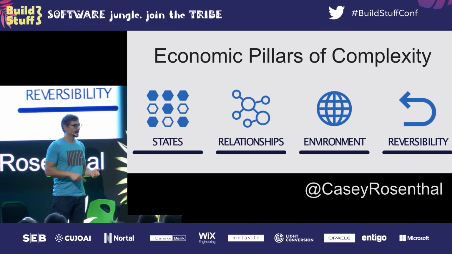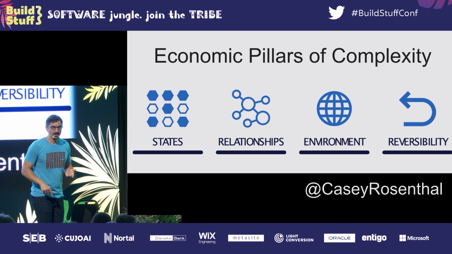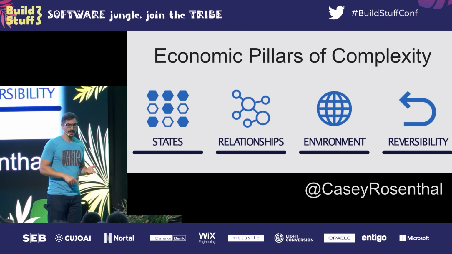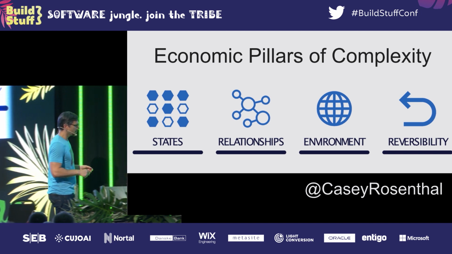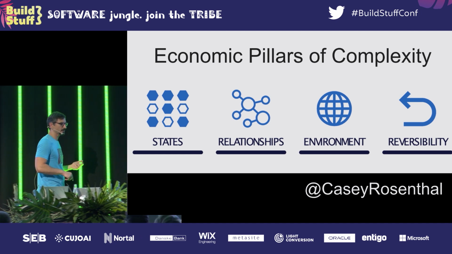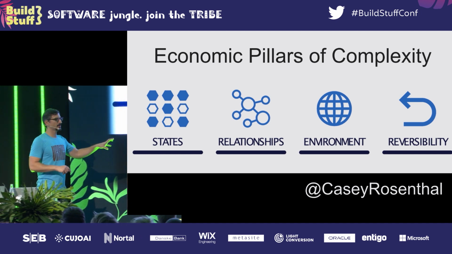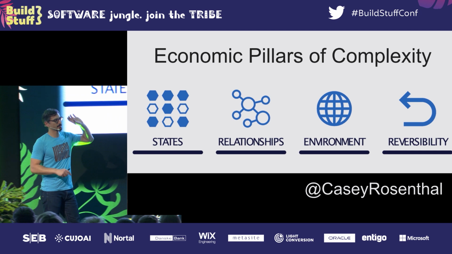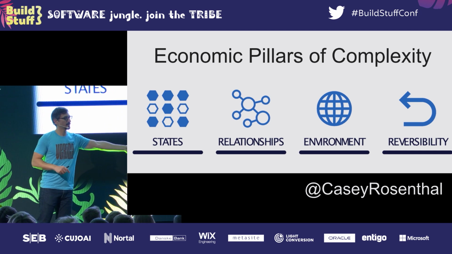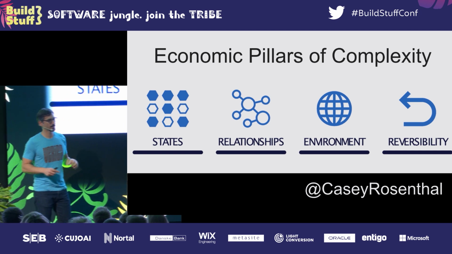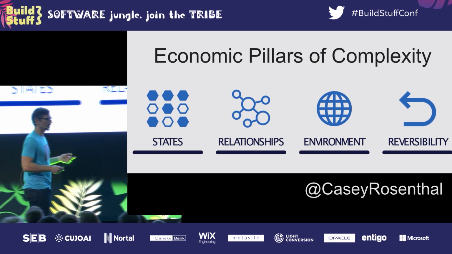So CI, CD, automated canaries, feature flags, containers, anything that helps the developers get their code into production faster, realize they made a mistake, and get it out of production or roll forward.